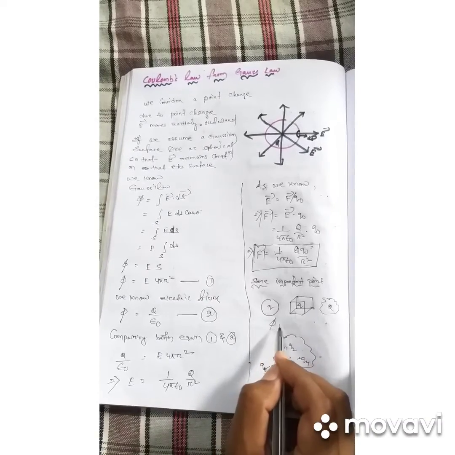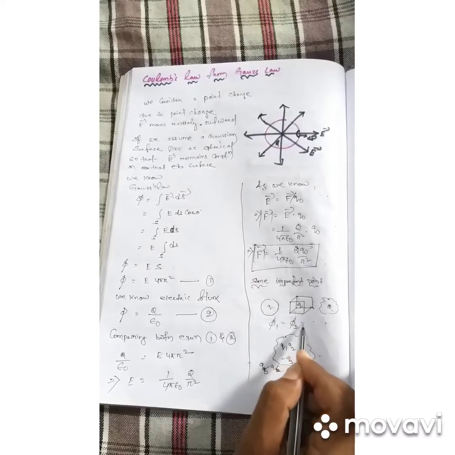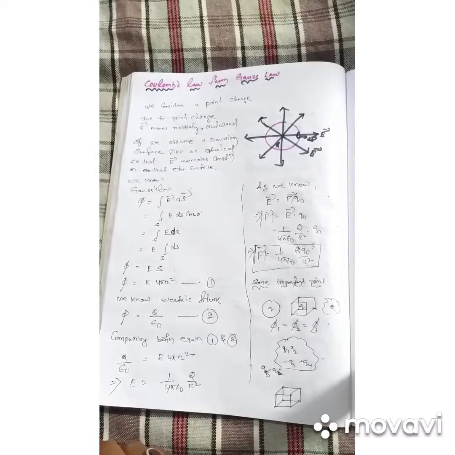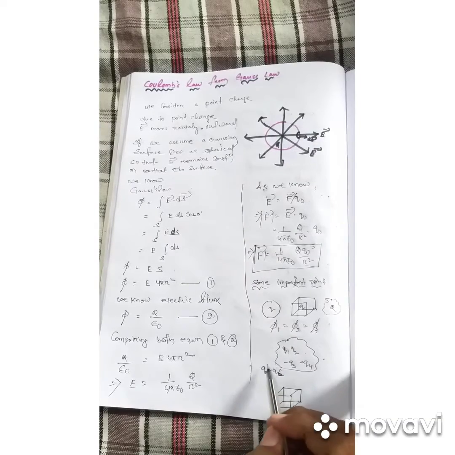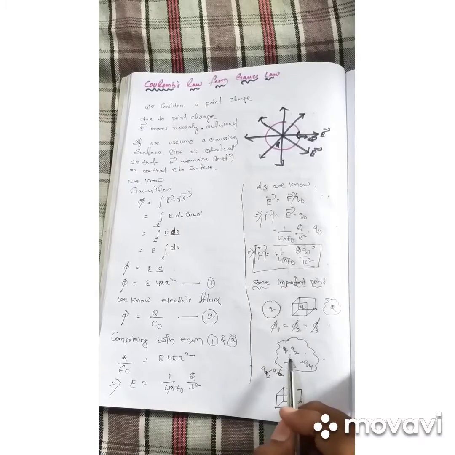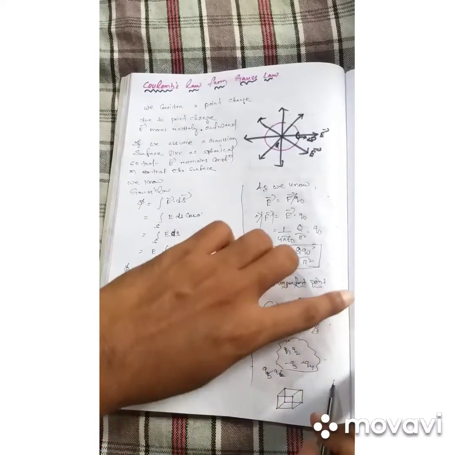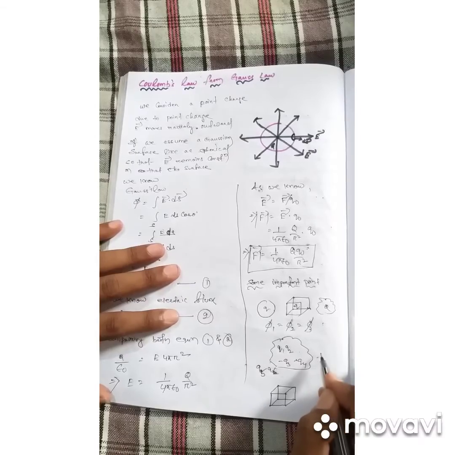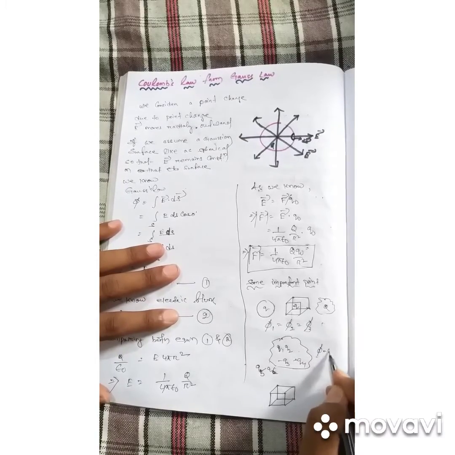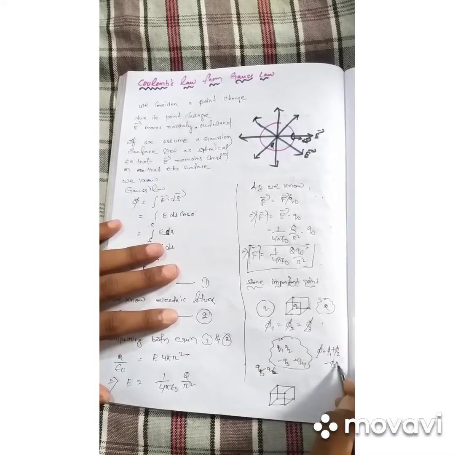So phi 1 equal to phi 2 equal to phi 3. Similarly, if there are a number of charges present inside and a few charges present outside, we could not consider the outside region; we only have to consider the inside region. So the total charges inside the region, the flux can be represented as phi equal to phi 1 plus phi 2 minus phi 3 minus phi 4.